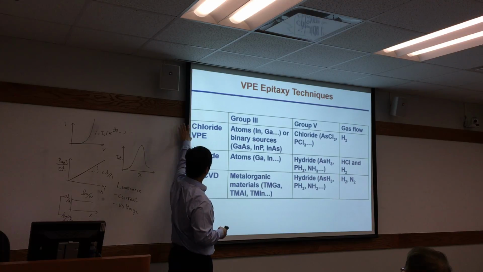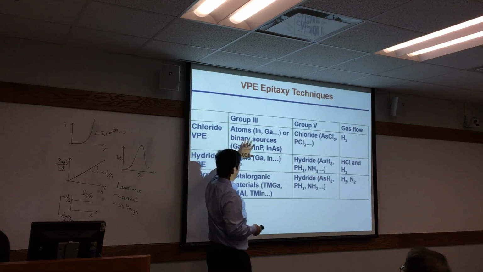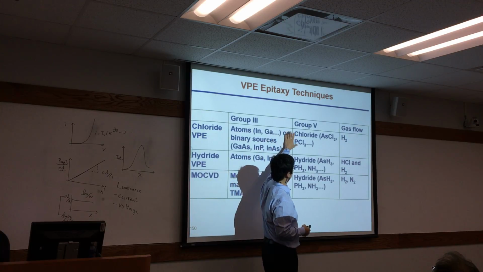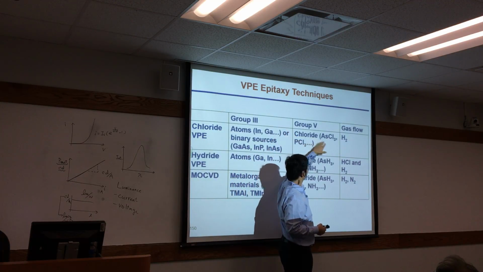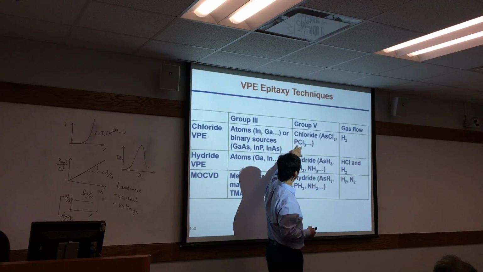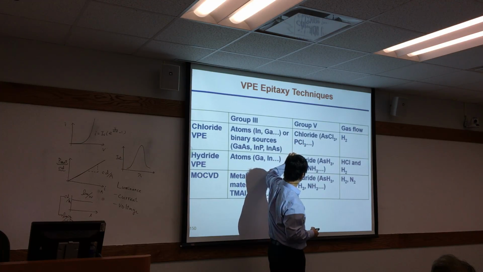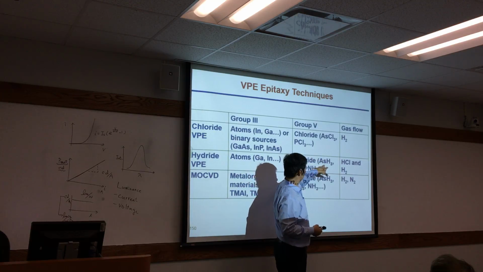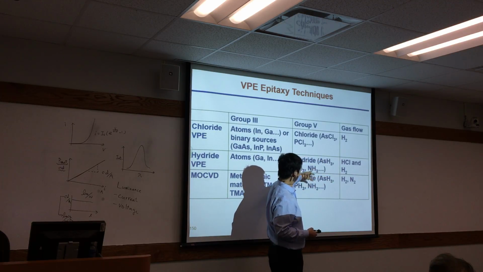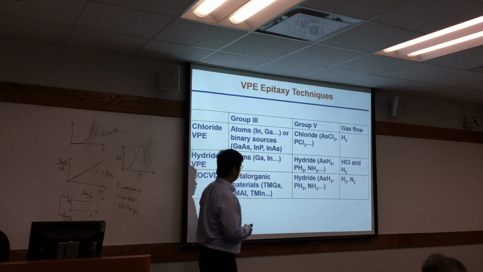For example, from the chloride to hydride, the difference is the source material. They use the chloride, arsenic, phosphochloride, but for the hydride system, they use, for example, arsenic, phosphine, or ammonia, something like that.